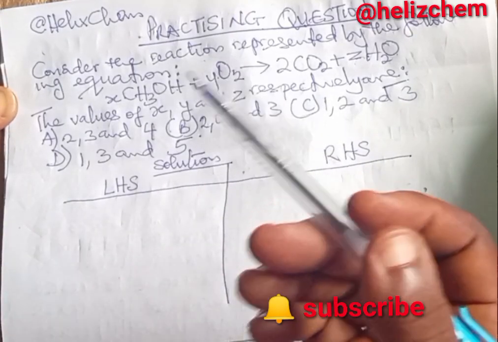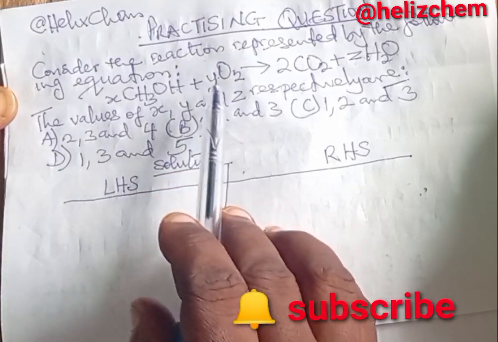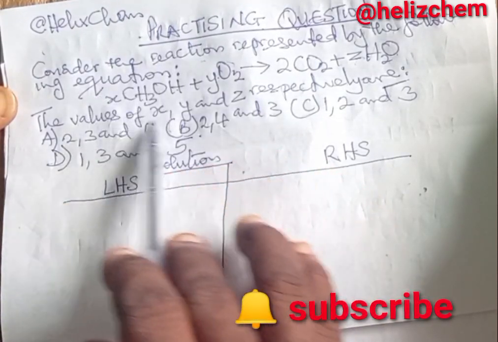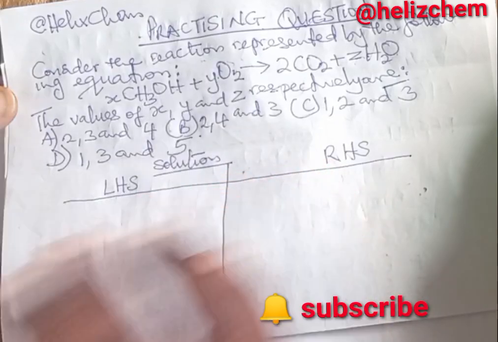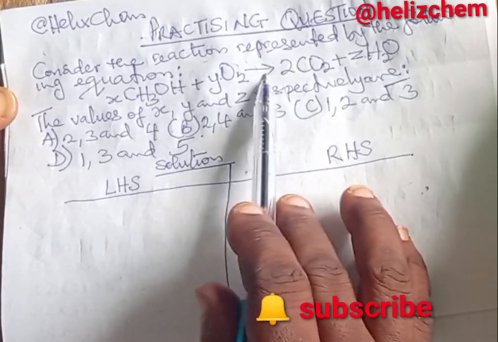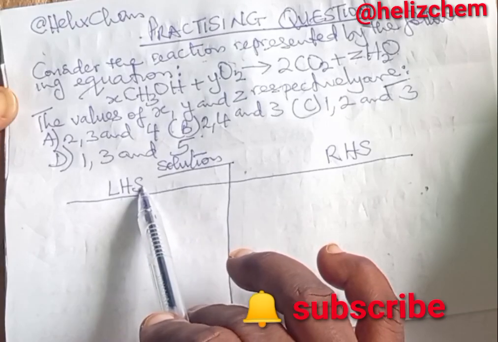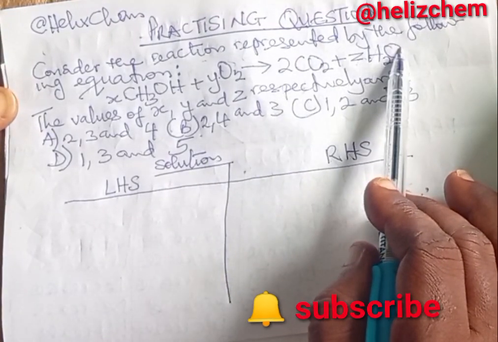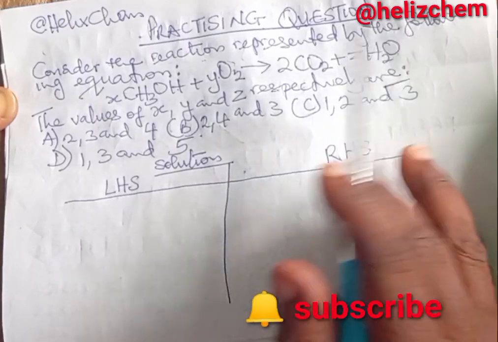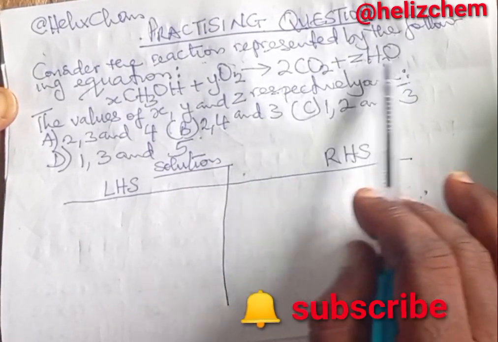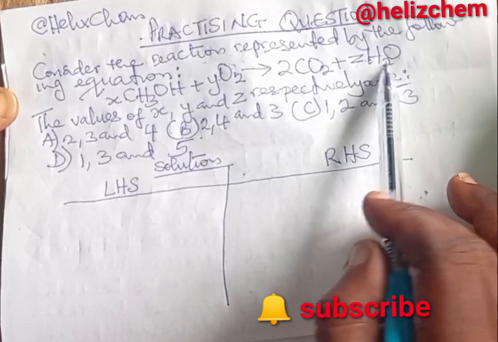If you don't know what I mean by left hand side, any combination of formula that appears to the left hand side of this arrow is what we call left hand side of the equation, and the product side, which is written on the right hand side of the arrow, is called right hand side of the equation.